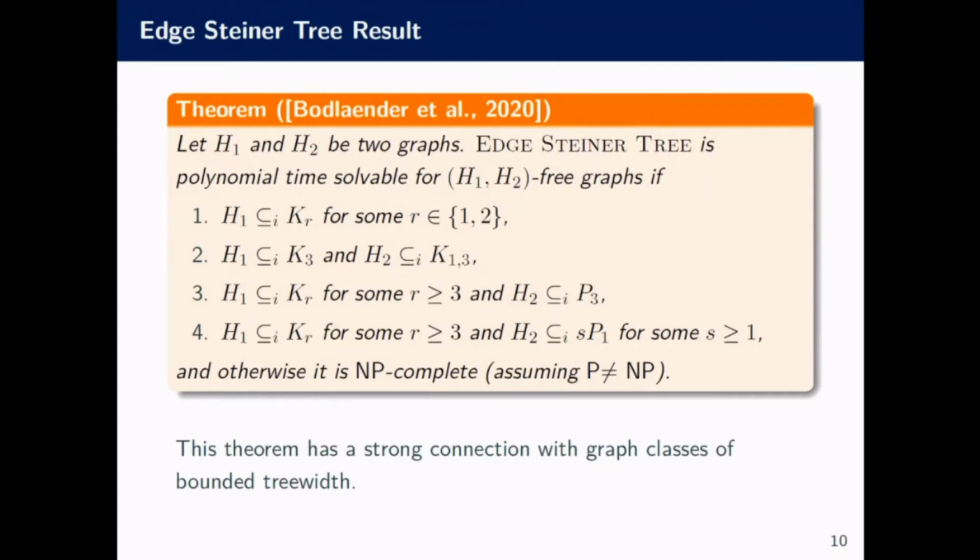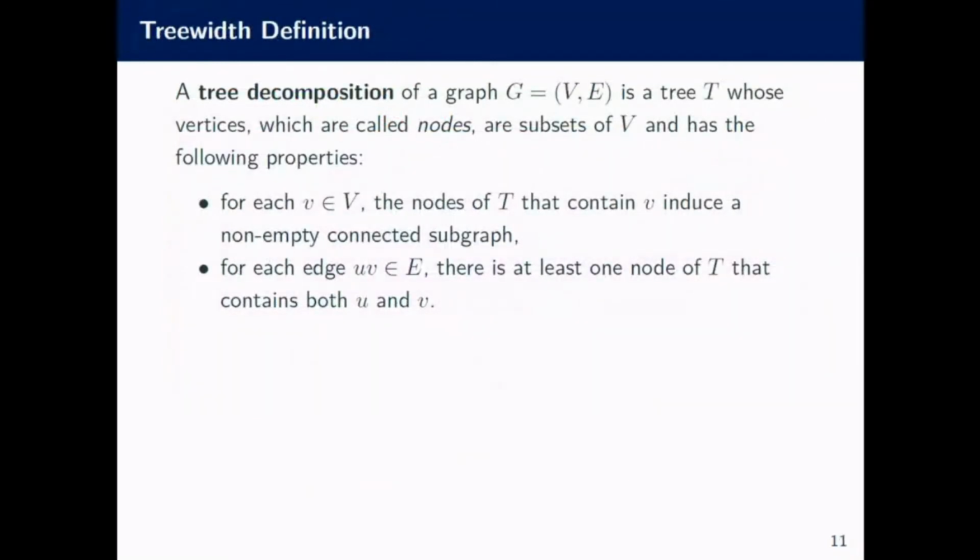Now we will see that this theorem has a strong connection with graph classes of bounded treewidth, and we will explain in more detail what I'm going to talk about. A tree decomposition of a graph is a tree whose vertices are called nodes and are subsets of the vertex set of the graph with the following properties.